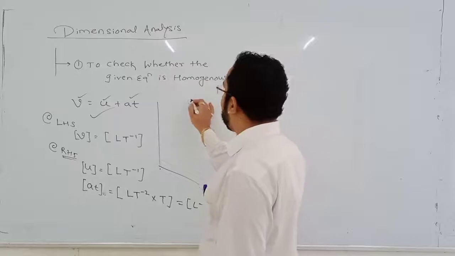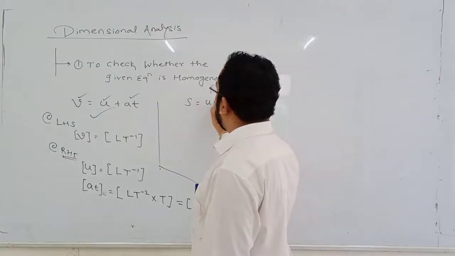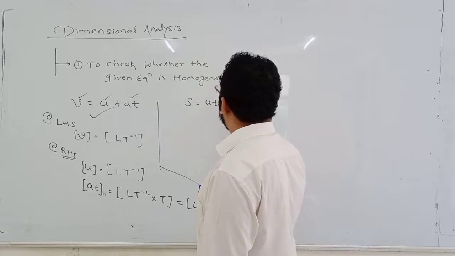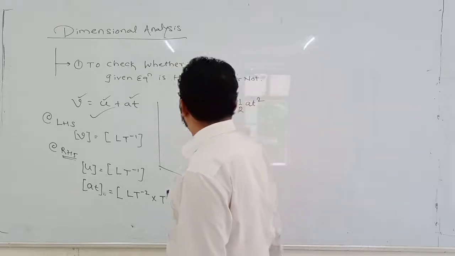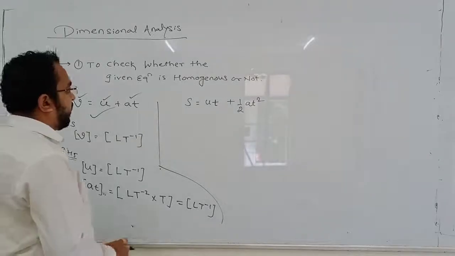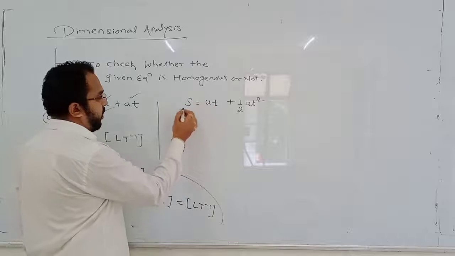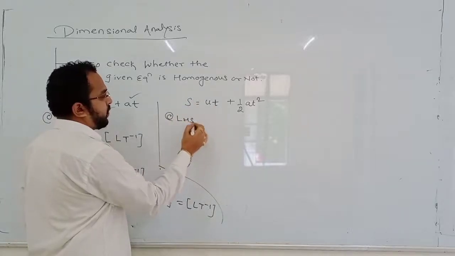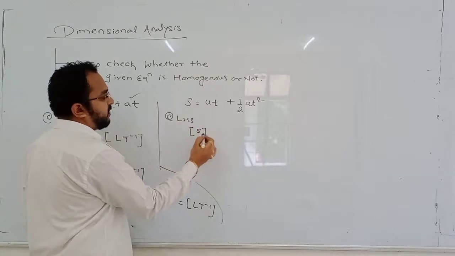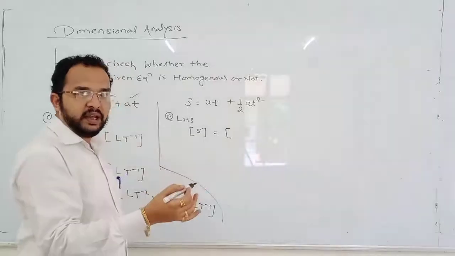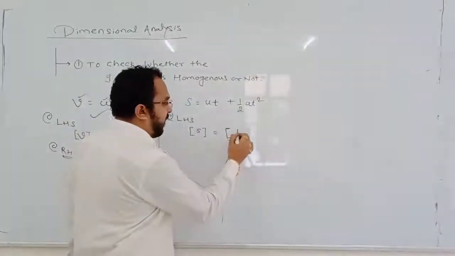Again, you know the second kinematical equation: s is equal to ut plus half at square. If you want to check at LHS, see which quantity is there? s. s is displacement. What is the unit of displacement? Meter, and meter corresponds to length.